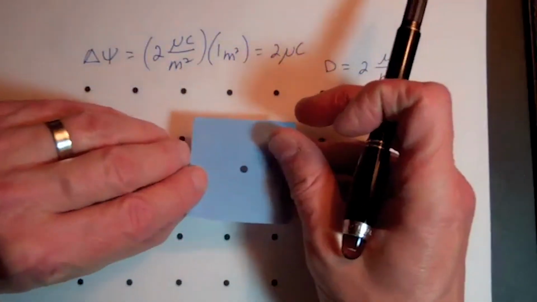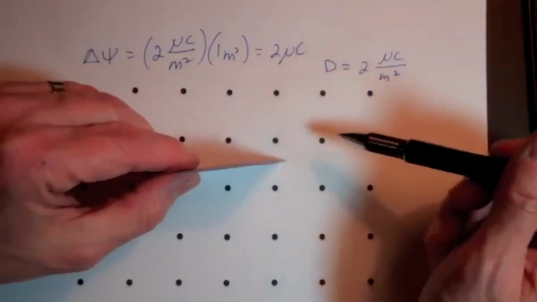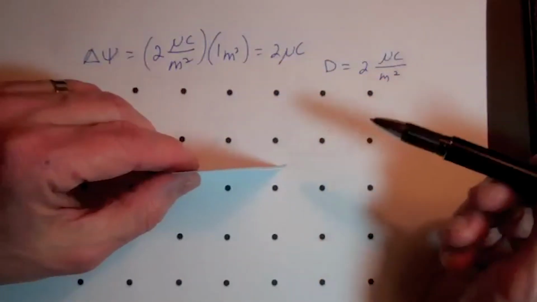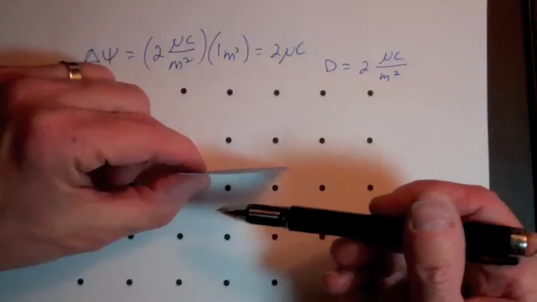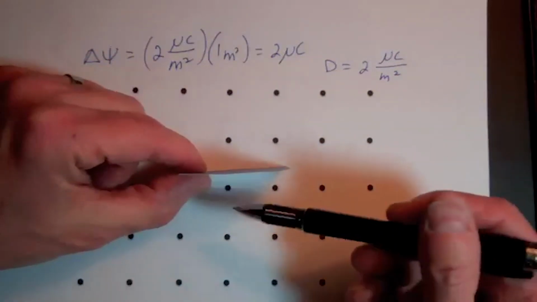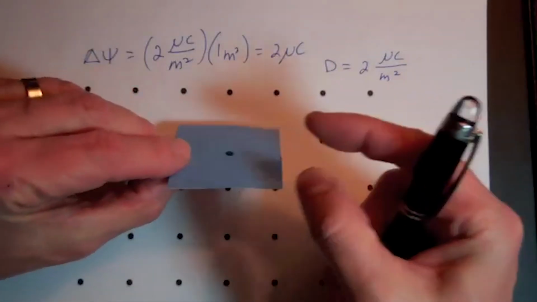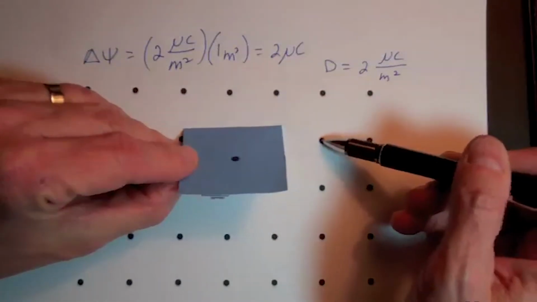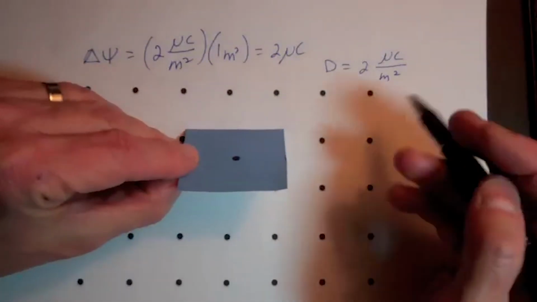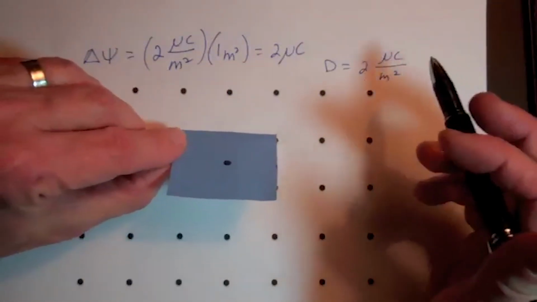Now, if we change the orientation such that the unit normal is at 90 degrees to the electric flux density field, we see that none of these dots coming up out of the page are going to go through our surface, so the amount of flux going through it is 0. Now, if the orientation of this unit normal and the vector field is somewhere between 0 and 90 degrees, now some flux will go through it.